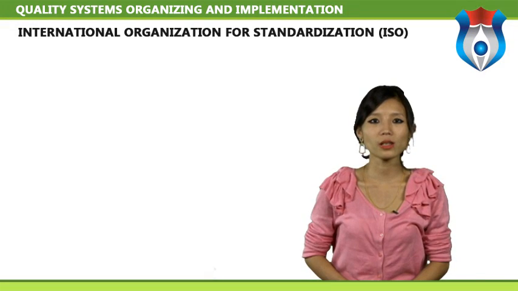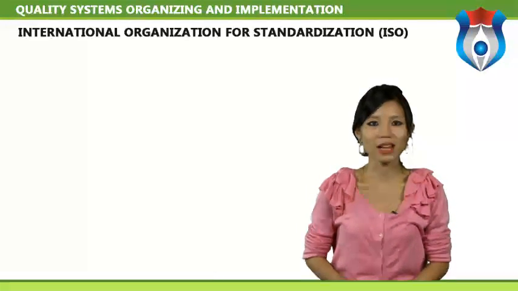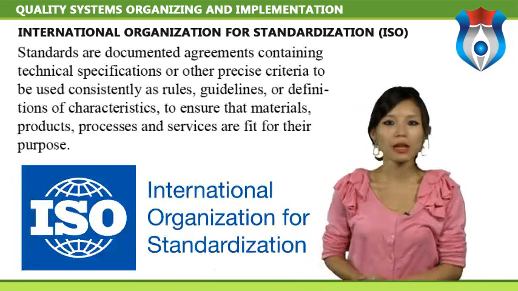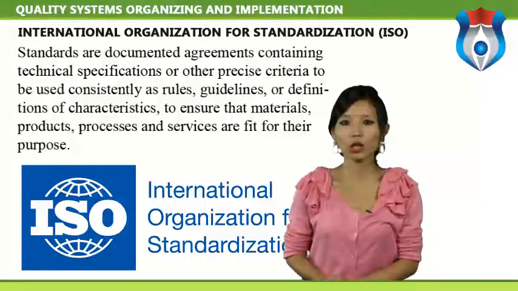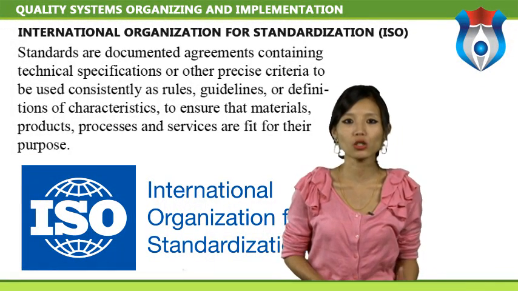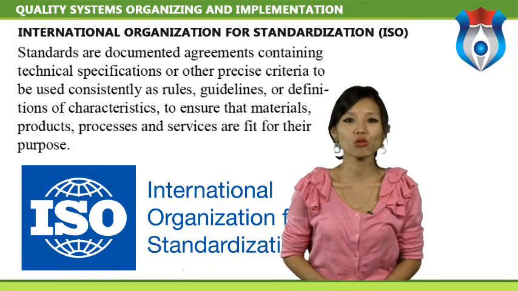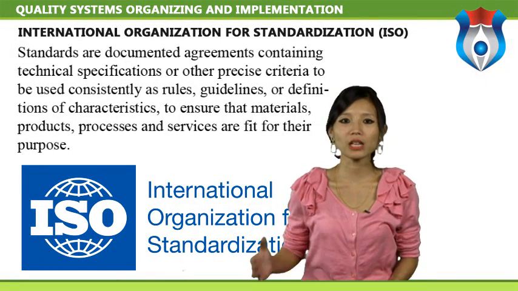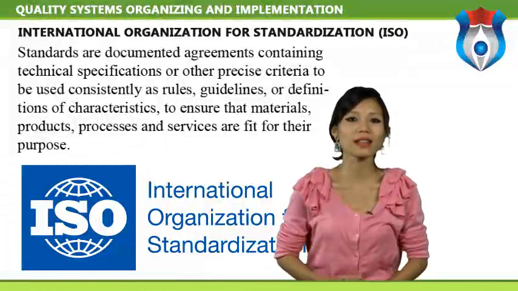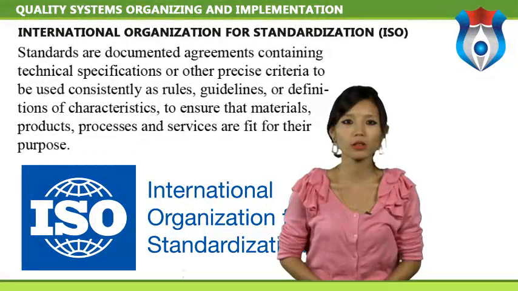Let us now discuss the International Organization for Standardization, ISO. Standards are documented agreements containing technical specifications or other precise criteria to be used consistently as rules, guidelines or definitions of characteristics to ensure that materials, products, processes and services are fit for their purpose.